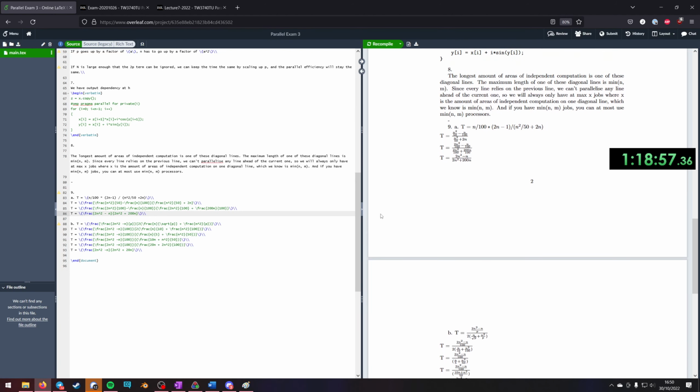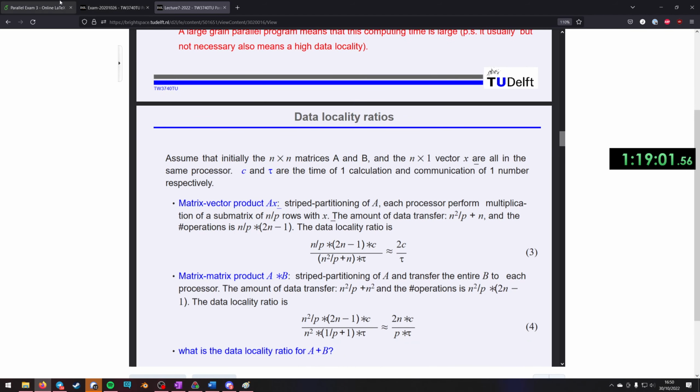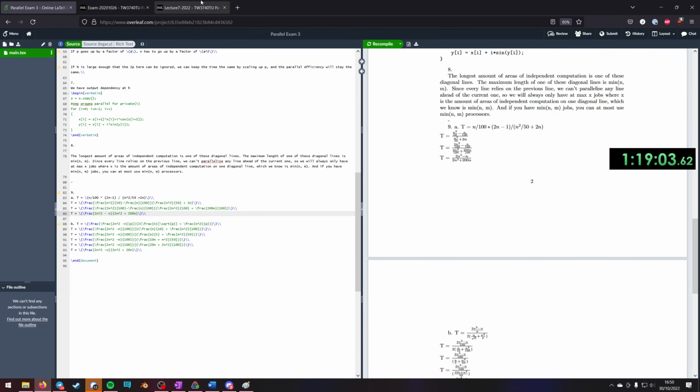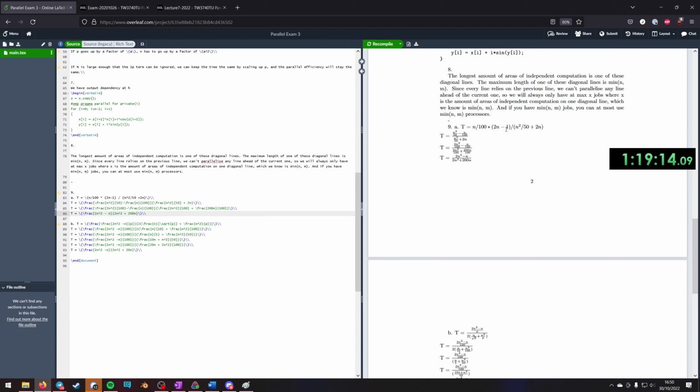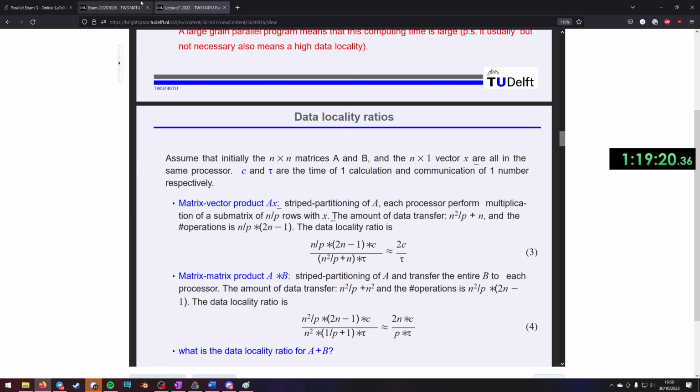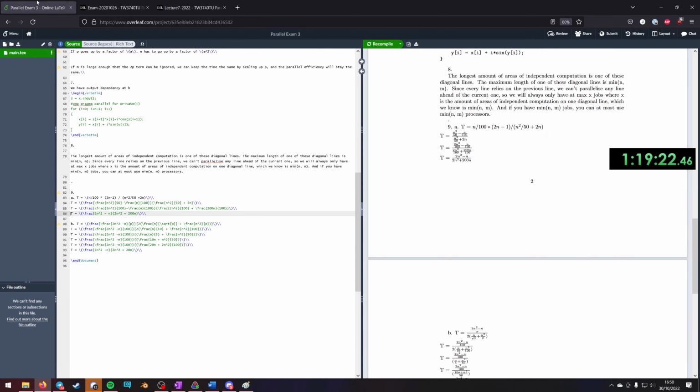As for the other one, is it true that we get n over p is n over 100? So it's 2n squared over... yeah, this top part is correct. And the bottom part is n squared over p plus n. It's n squared over 100. Yeah, that's also correct.